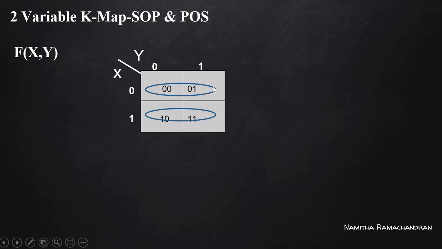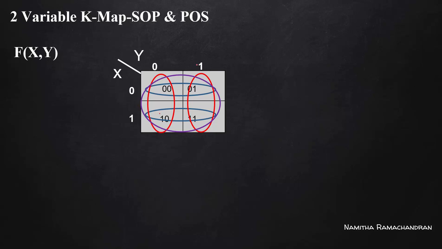So we can consider a group like this or this. And also we can consider a group like this, that is, a vertical group containing 2 cells.